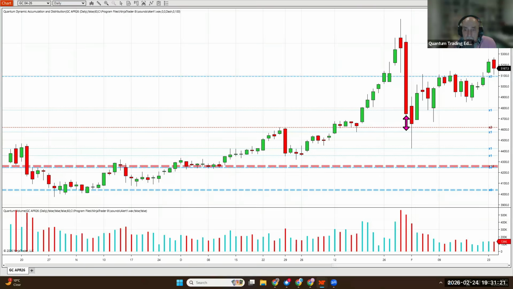Based on that single candle and that single volume level associated with it, the likelihood is that this is purely a trap move. It's been triggered by some piece of news, a major piece of news, whatever it was. The price has been moved rapidly downhill. There's no participation, and therefore the likelihood is that the price of gold is going to recover, and fairly quickly, which is what we're seeing at the moment.